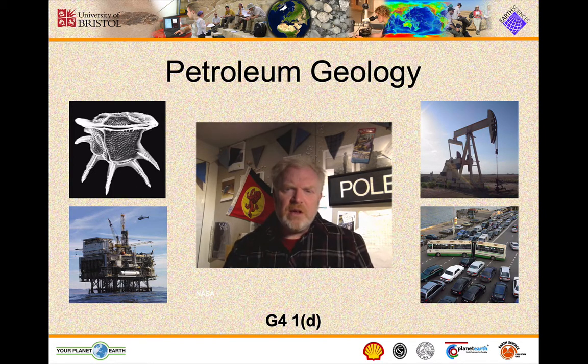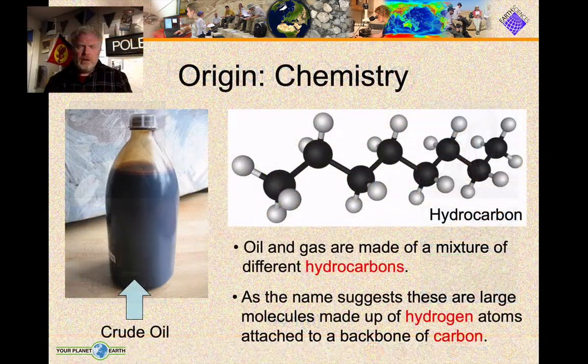If we start by looking at the chemistry, crude oil is a mixture of different types of hydrocarbons. A hydrocarbon is a chemical structure that bonds carbon and hydrogen together in chains of different lengths.